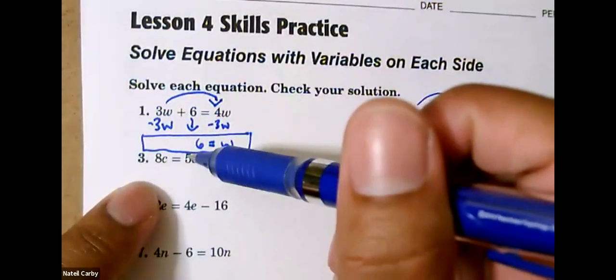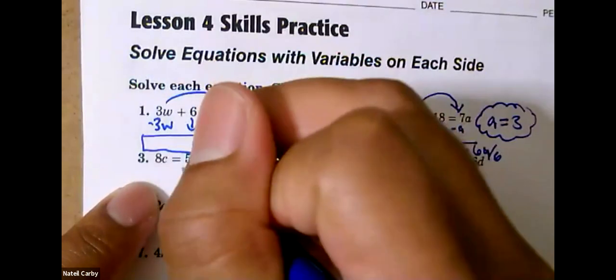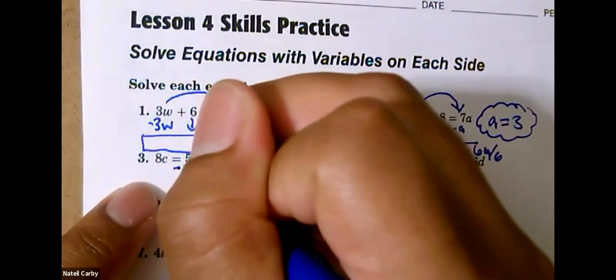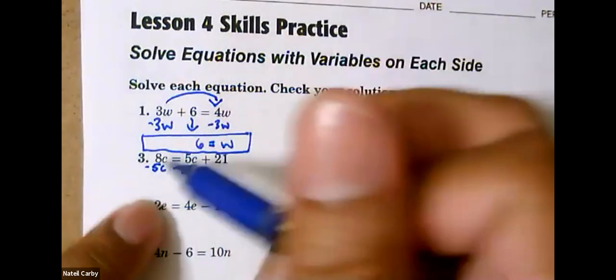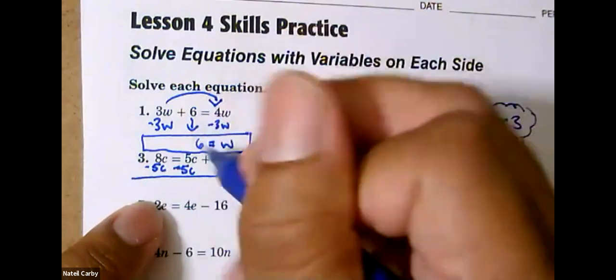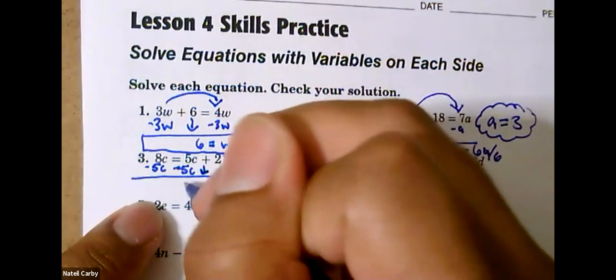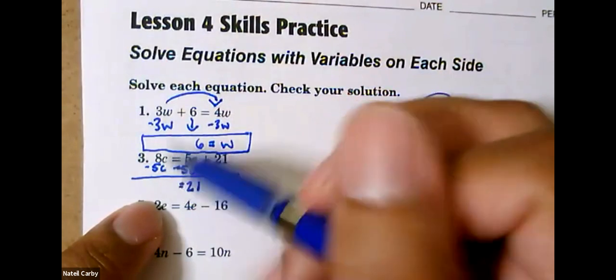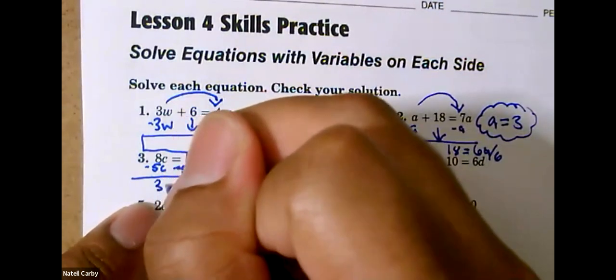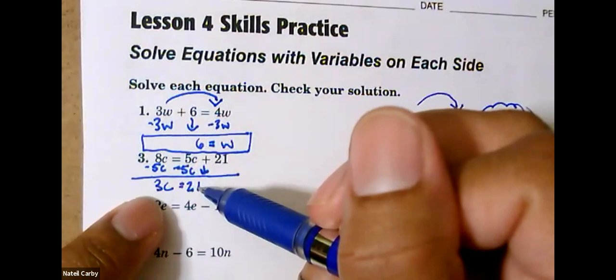Right now it's a positive 5C, so to get rid of it, I do a minus 5C, or you can think of it as adding a negative, same thing. I bring down my constant, 21. 8C minus 5C is 3C. Bam. You see how that works out?